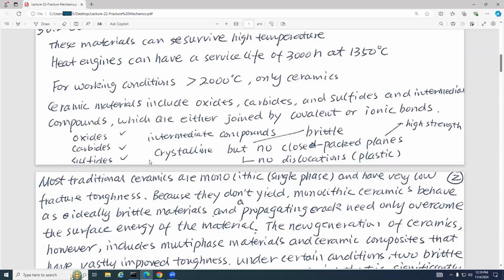And covalent and ionic bonds are very tough; this bond is very strong.